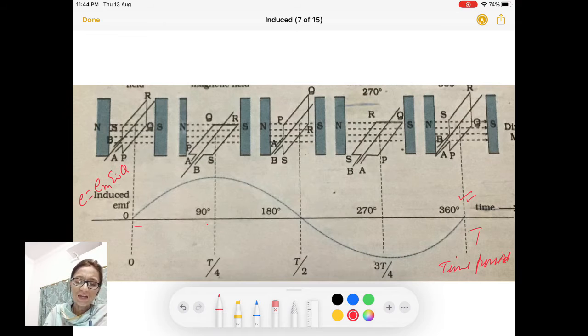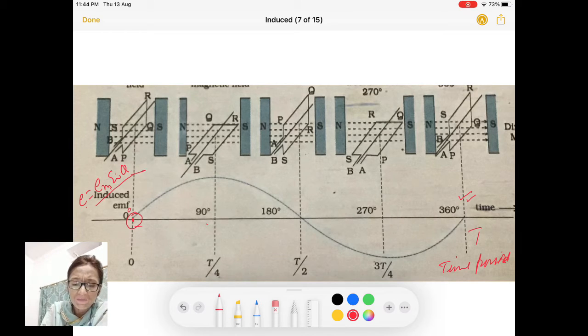So for drawing graph, if you put the first value of theta, that is 0 degree, sine 0 is equal to 0, so EMF becomes equal to 0. Here you get a point. You plot a point on this EMF versus time graph. Now when sine theta is taken as 90 degree, then sine 90 is equal to 1, and EMF will be equal to EM into 1, that is EM only.